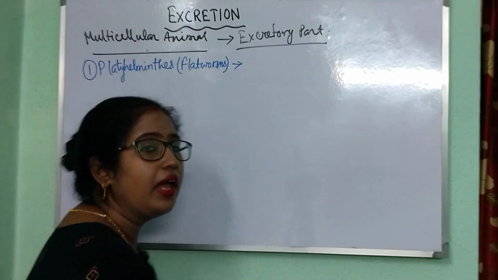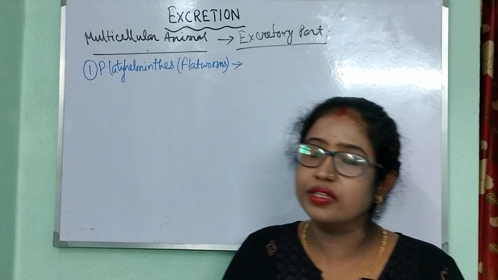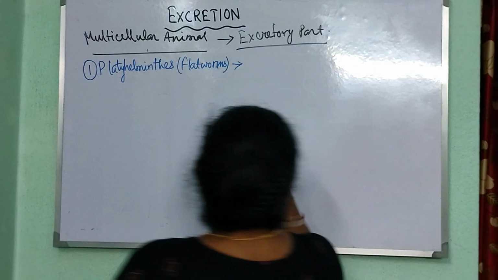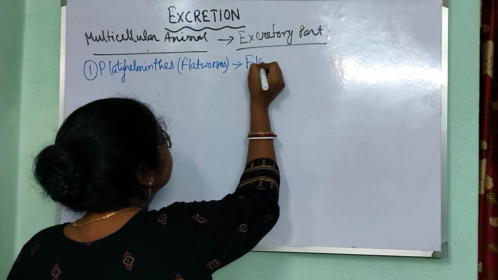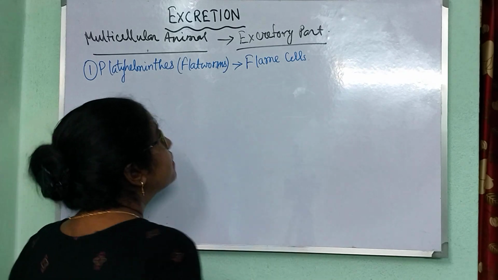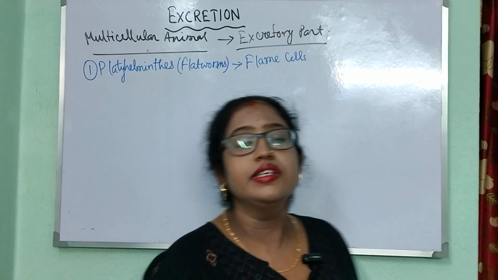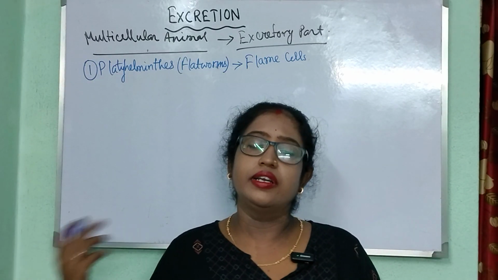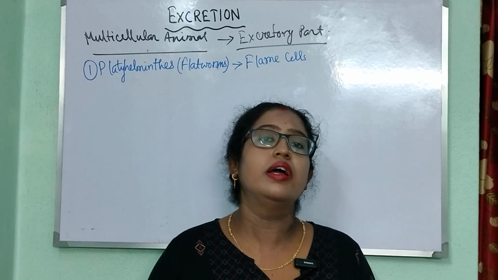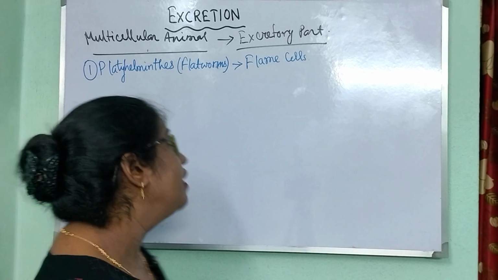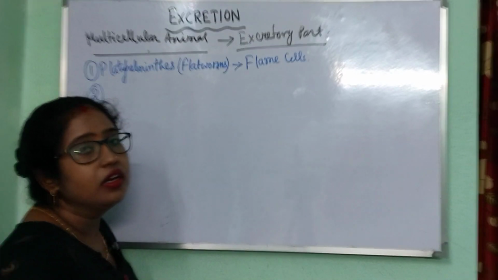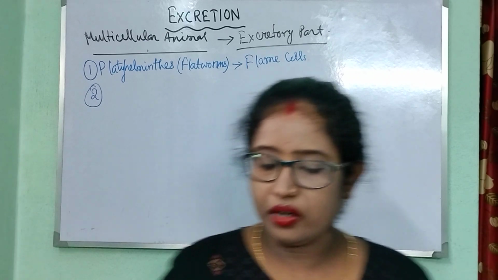In flatworms, or platyhelminthes, their excretory system is named the flame cell. It's a very special kind of cell which excretes the waste material created in the flatworm's body to the outside environment. The next group is the roundworms or the nematodes.